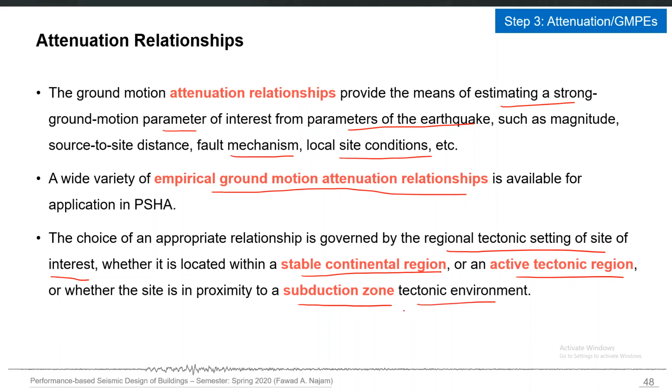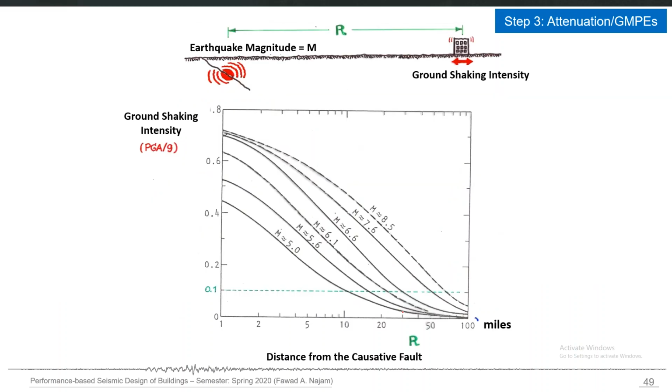Which means that you may have several regional tectonic settings, and different GMPs are using data from different settings, and therefore their equations or relationships are applicable to those tectonic environments only. So you have to keep in mind the tectonic setting of your site, and then you can select the adequate ground motion prediction equation for your use.